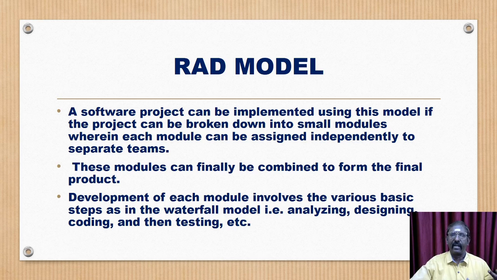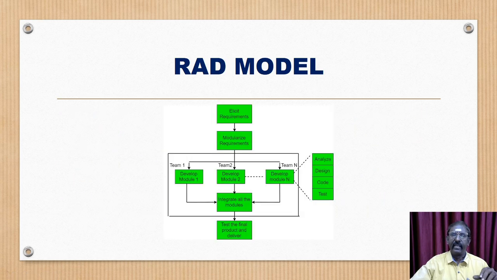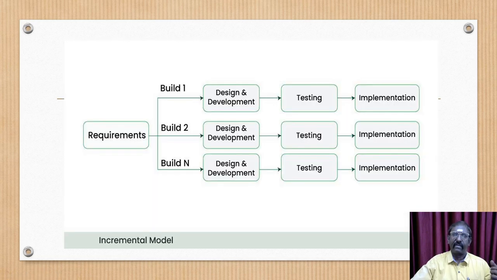So software can be broken down into small modules, wherein each module can be assigned independently to a separate team, and thereafter it can be integrated. You could see from the diagram, the modules are being developed and broken down into pieces at every part, taking into account analysis, design, coding, and testing. It is a useful model, and it is categorically used in many environments as the rapid application development model.